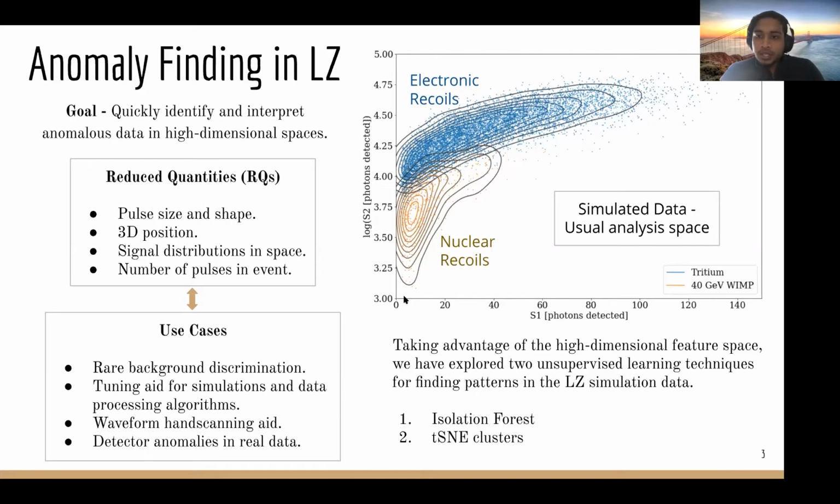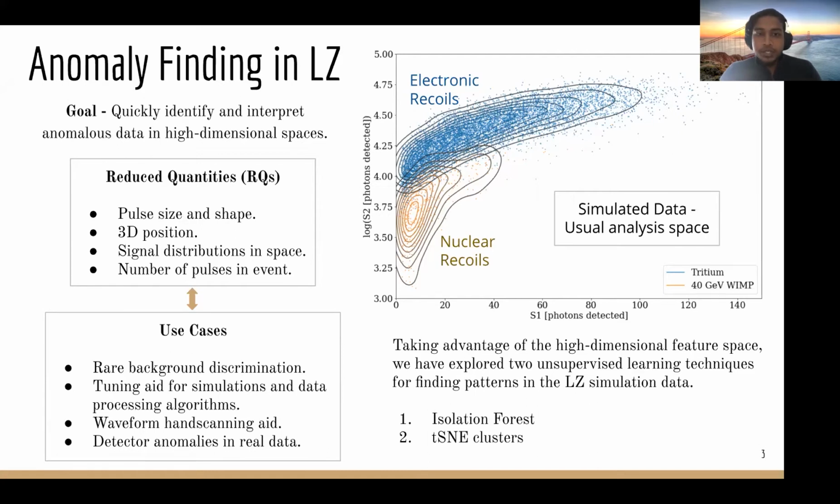Okay, so this is our basic analysis space. But in addition to S1 size and S2 size, we have a whole lot of other features that we can use. The jargon for this is reduced quantities, or RQs, using RQs and features interchangeably. Like I said, in addition to pulse size, you can also talk about pulse shape.